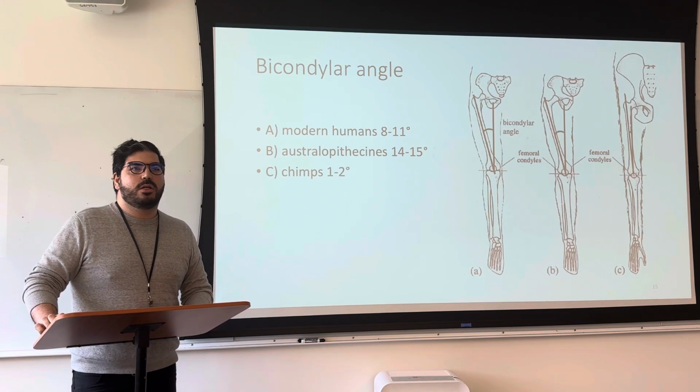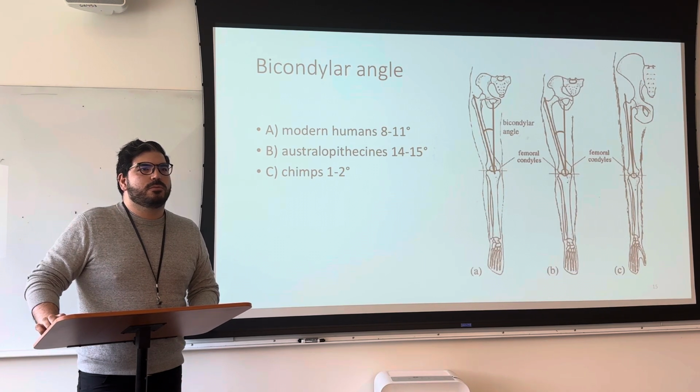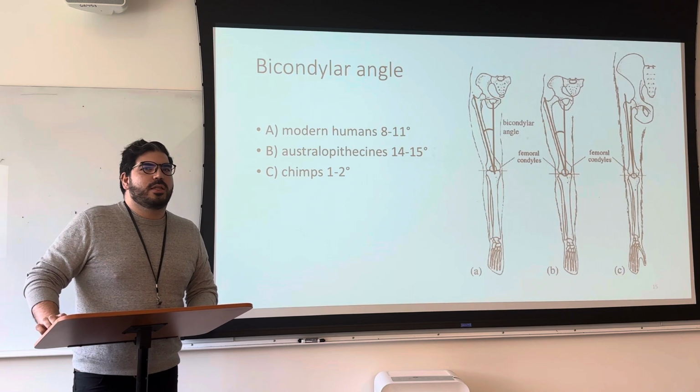Anybody else? Yeah. During the age when babies start doing more habitual walking, since they don't have that angle as much, how does that affect their walk? Like, do they walk very well, or not great?